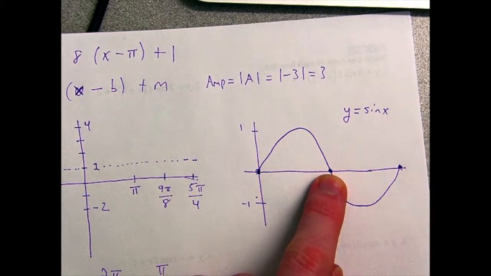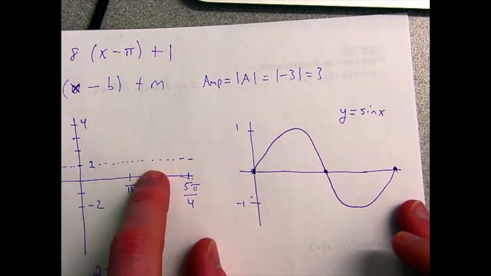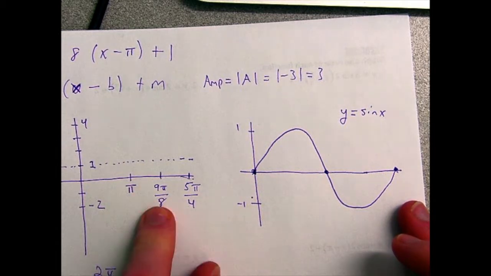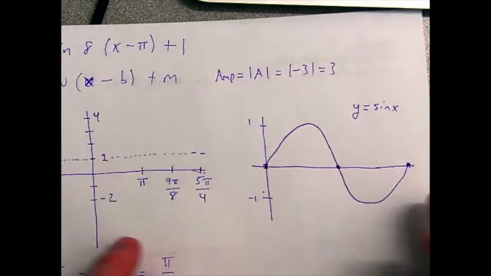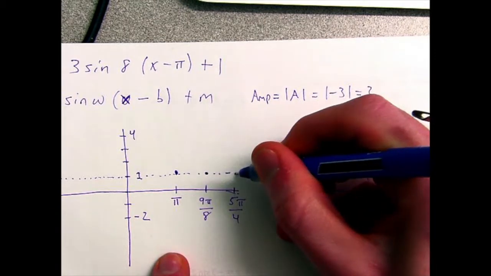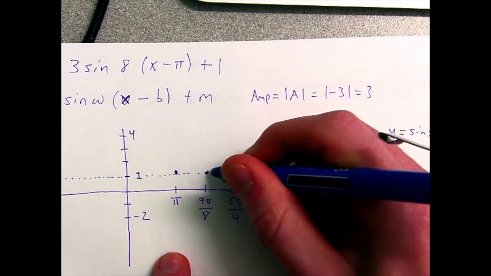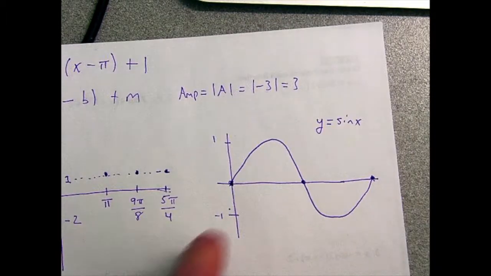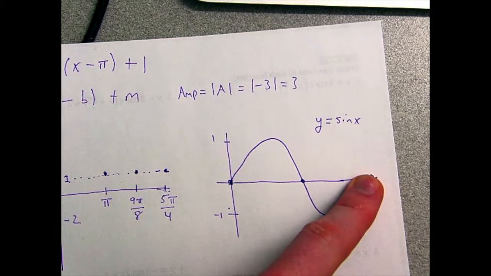So we can use that information over here. Our 3 points over here are going to sit at the beginning, middle, and end, and they're going to sit on the midline. Now, all we have to do is duplicate this wave graph here, although I want to point something out.